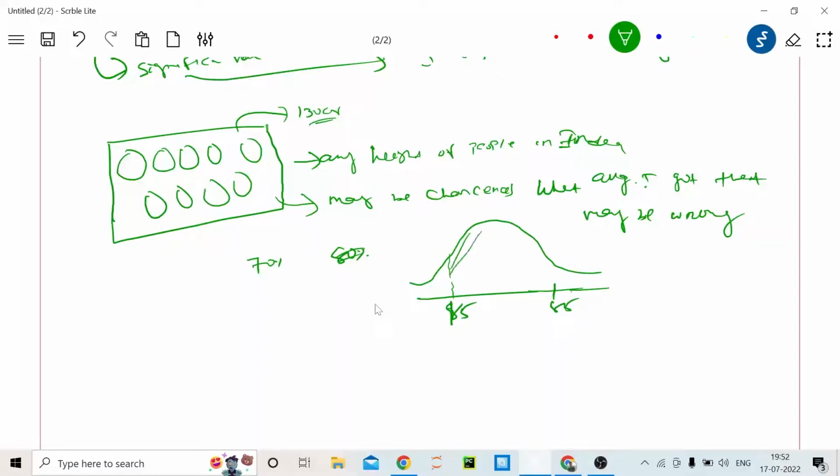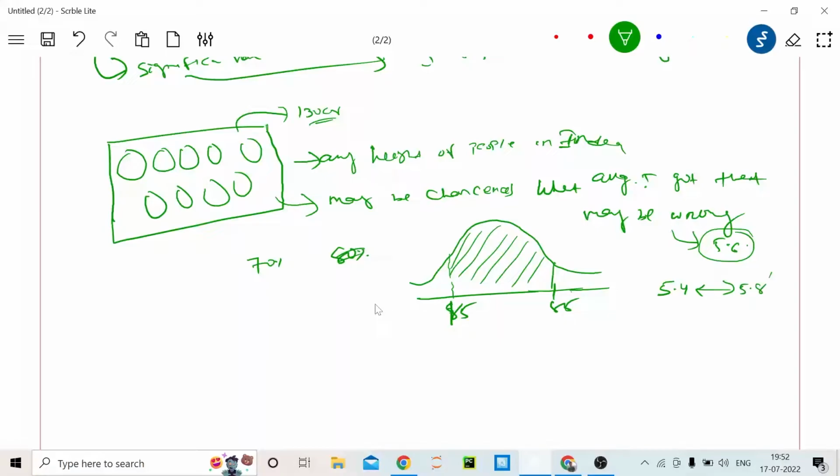If our value falls inside this, say we got the average height of the people as 5 foot 6 inch, then from here we can find a value like 5 foot 4 inch, this is your lower limit, and this is your upper limit, 5 foot 8 inch.